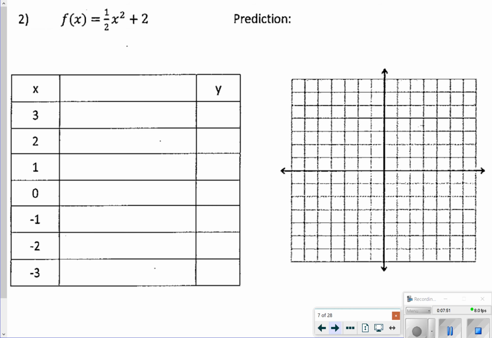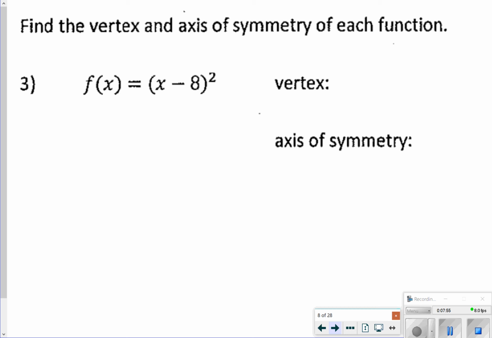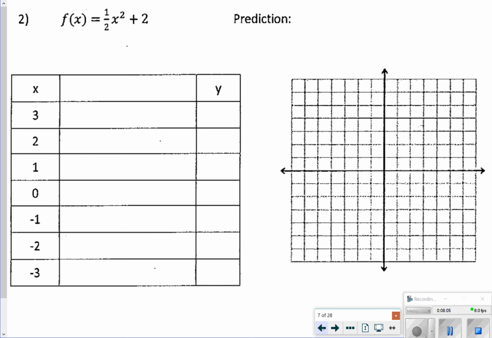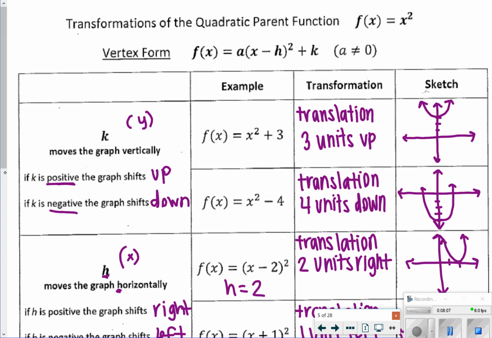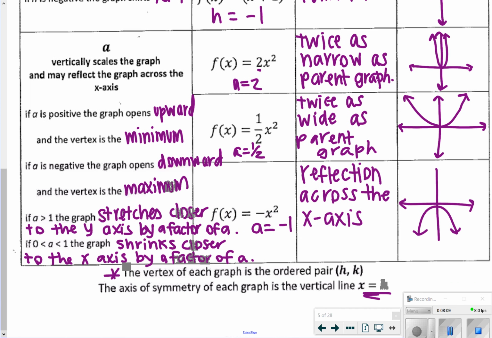I'm going to let you try that one on your own, and we're going to talk about the back. So for number 3, you'll go back to number 2 for homework. Number 3 is basically asking, what is the vertex and the axis of symmetry? If you look at the bottom of your study sheet, the vertex is h, k, and the axis of symmetry is the vertical line where x is equal to h.